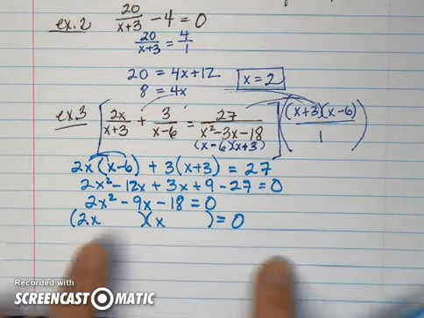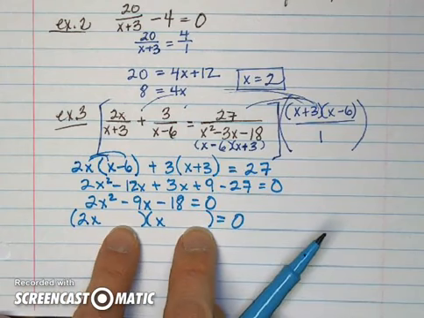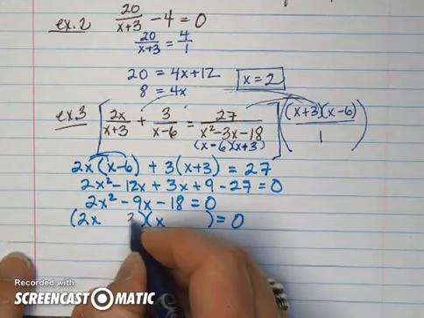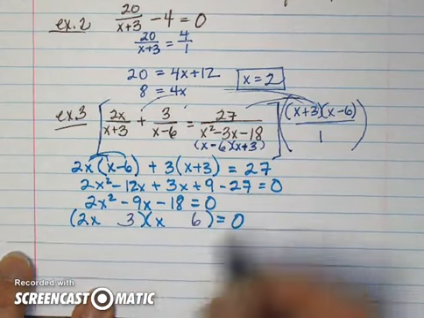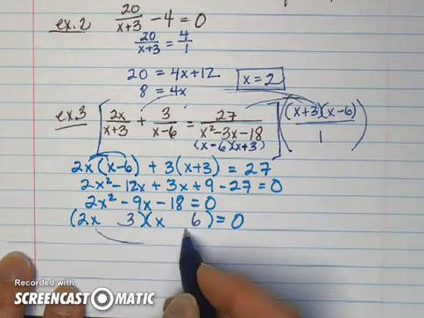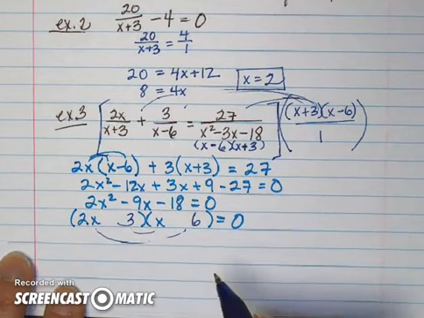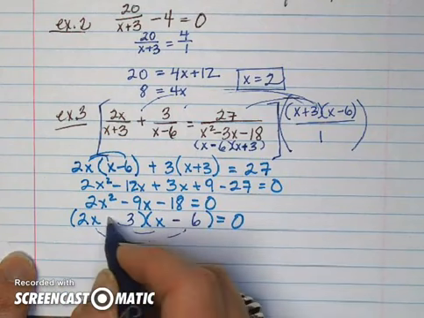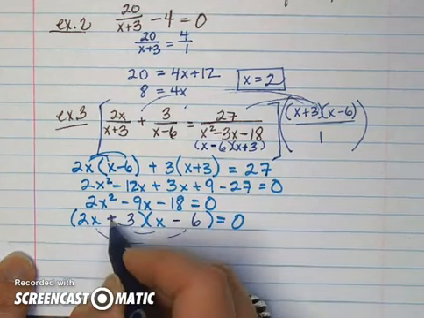I can try any of them, I can try different ones. If I stick a 3 here and the 6, this gives me 12. That gives me 3. 12 minus 3 will give me my 9. I need my 12 to be negative, my 3 to be positive.